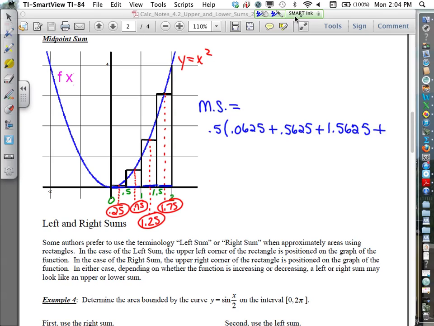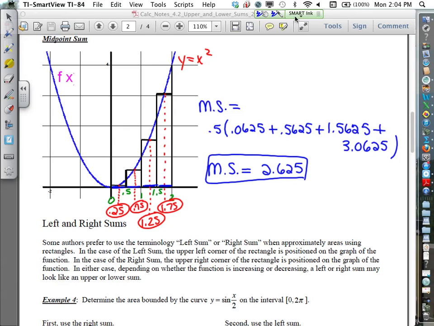All right, 1.75? All right, add them up, multiply by 0.5. Right. 2.625? Okay.